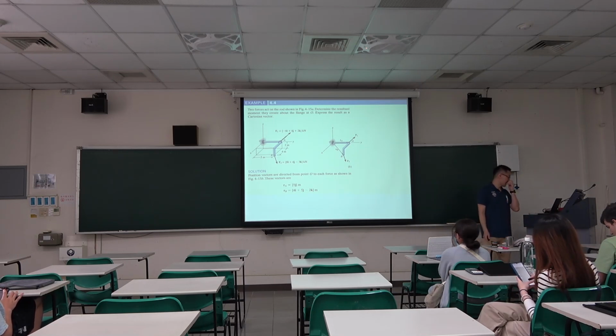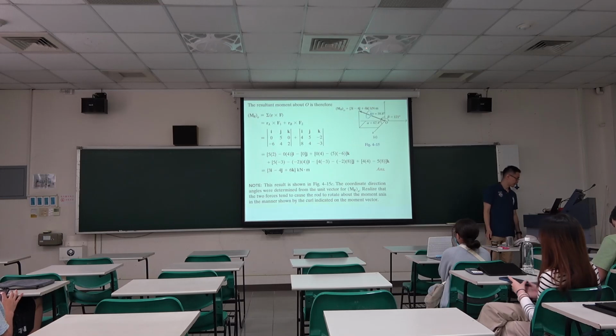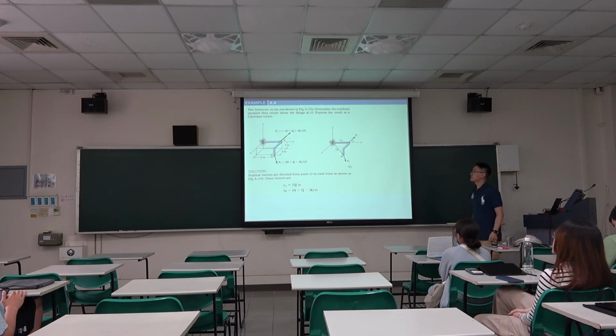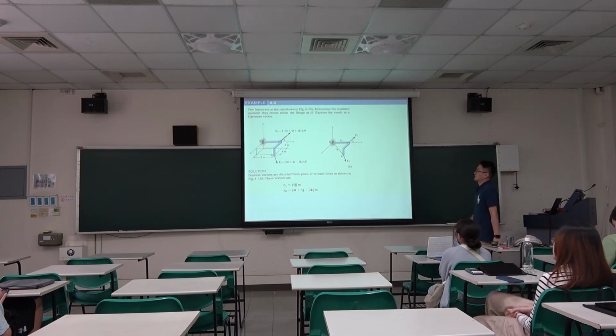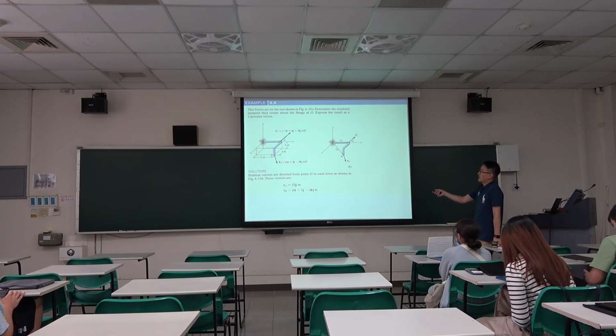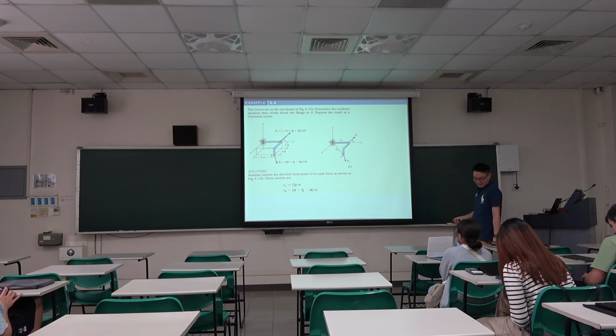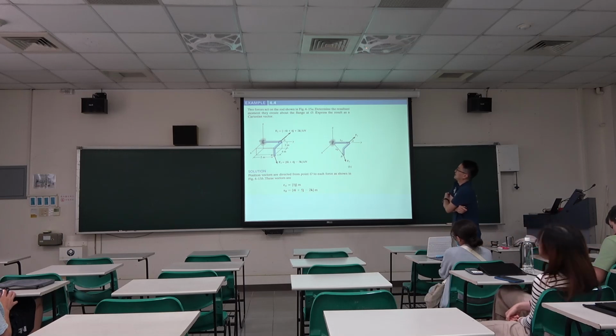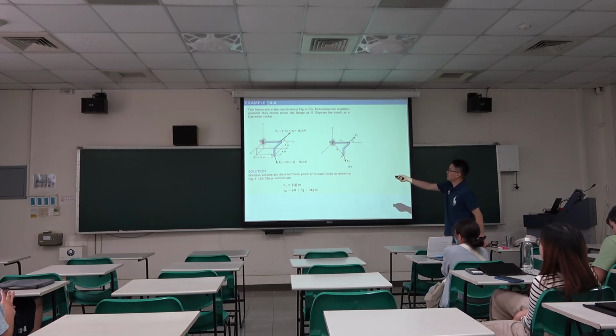Okay, next example. Two forces, F1 and F2, are already shown by Cartesian vectors. Determine the resultant moment they create about the flange at O. Express the result as a Cartesian vector.